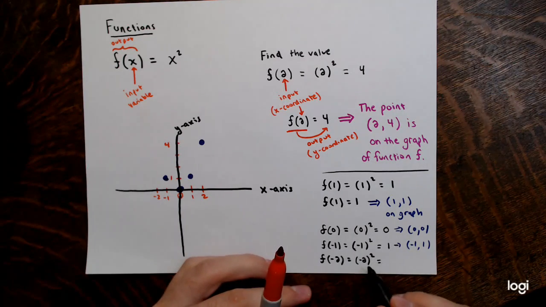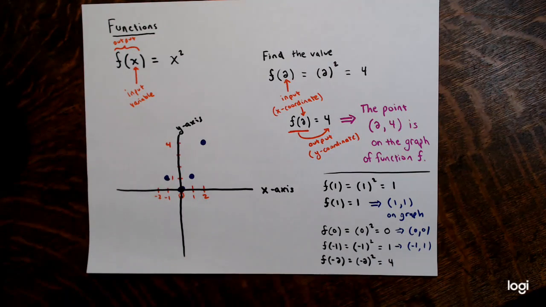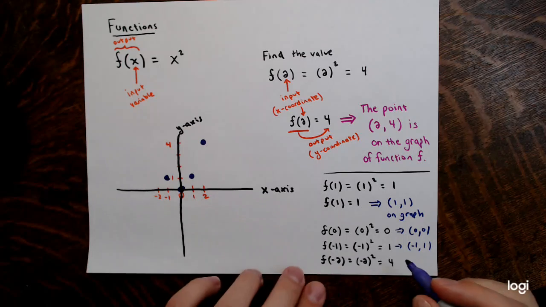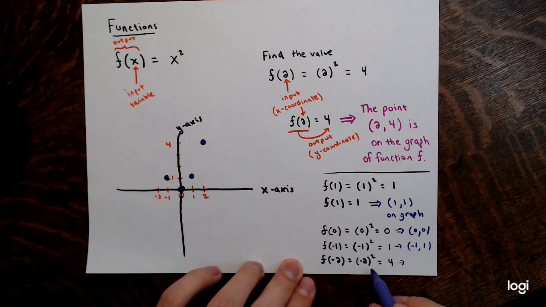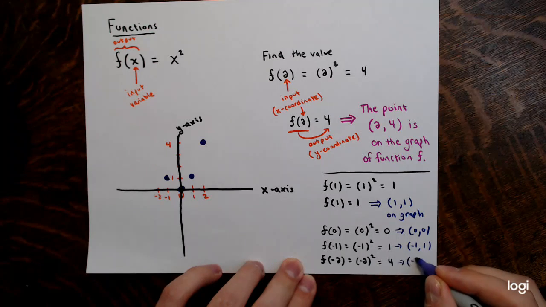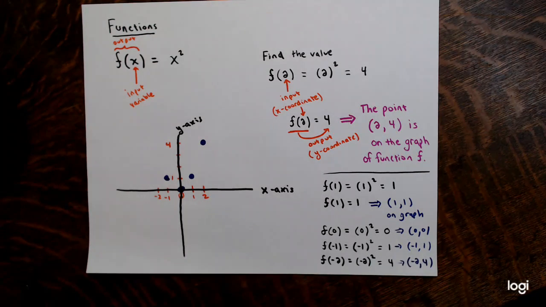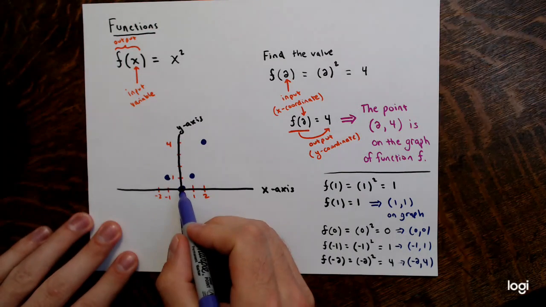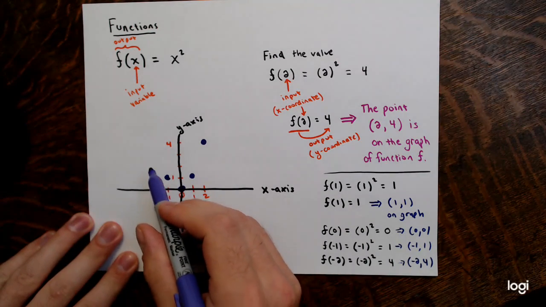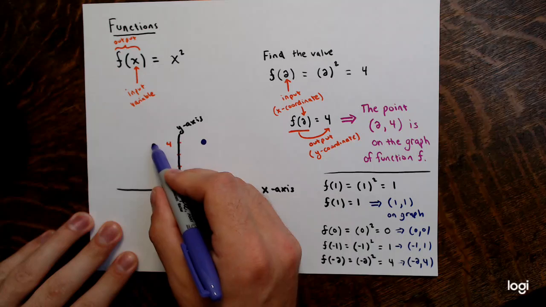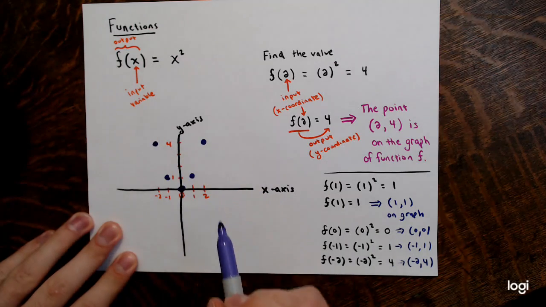Well, that's -2 times -2, that's +4. Okay, so this whole line here means that input -2, output +4, x-coordinate -2, y-coordinate +4 is another point on the graph of this function. And I'll do that here. -2 for x, +4 for y. It's this point here on the coordinate plane.